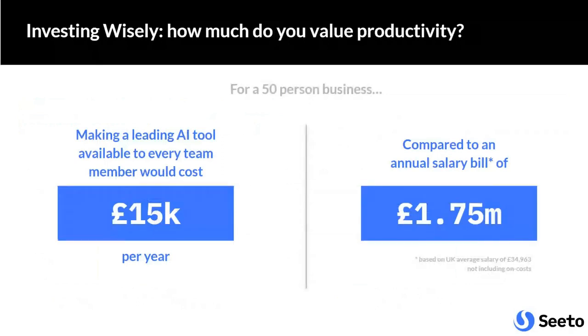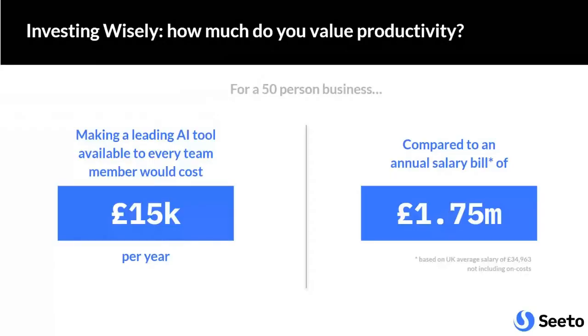If you're working in a 50-person business, then making one of these leading AI tools available to every team member that you have would cost you about £15,000 per year. That's not a number to be sniffed at. But if you believe, having looked at this, that it can improve some of your productivity and effectiveness from your team members, compare that with your annual salary bill.